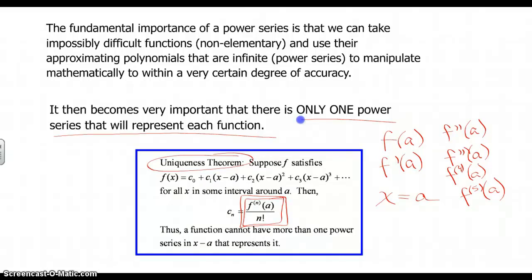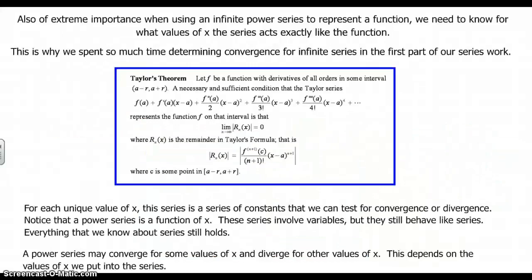So the function can't have more than one power series in x minus a that represents it, because the function is the driving force behind what the power series looks like. So just so you know, there is one and only one power series that emulates a function, and therefore we can talk about, like we did in the last lessons, that function being the sum of the power series.